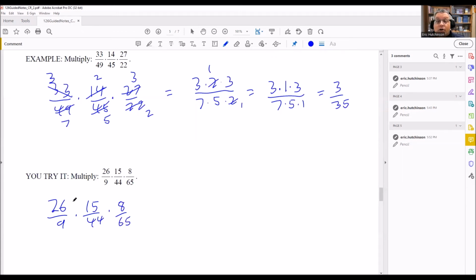Okay, so now what we're going to do is, again, we look for things that we can cross reduce and cancel. Well, I noticed that both of these end in a 5, a 15 and a 65, so that would be a good place to start. If you're not sure by hand, you could always just do 65 divided by 15 off to the side and see if that reduces, and it doesn't.